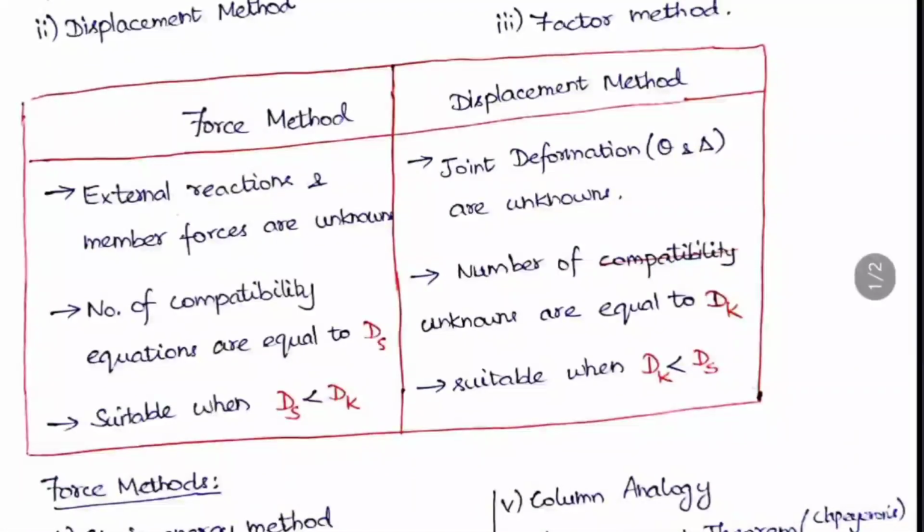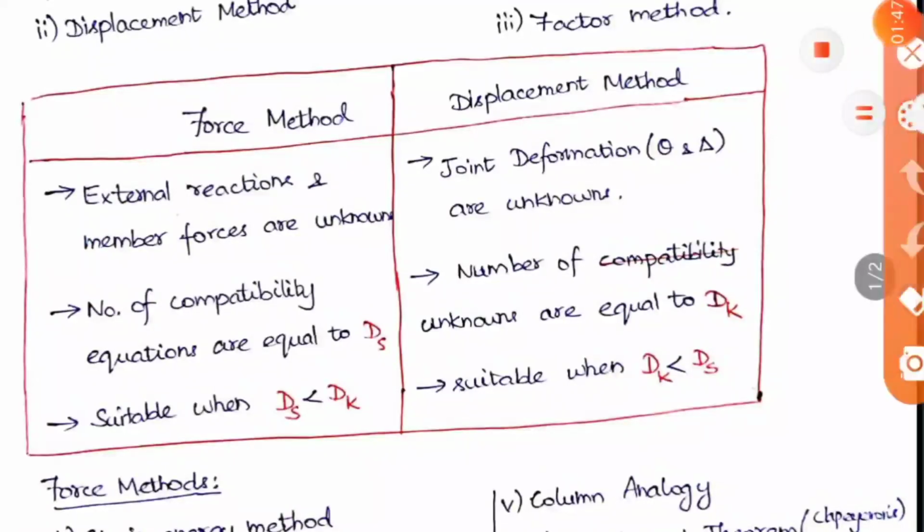Here is the differentiation between the force method and displacement method. In the force method, the external reactions and the member forces are unknown. External reactions means the support reactions, and the internal reactions are the member forces. These will be the unknowns. Whereas in the displacement method, we take the joint deformations, that is the slope and deflection values, as the unknowns.